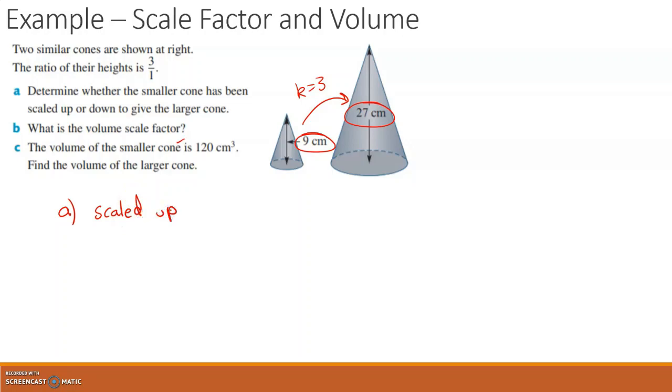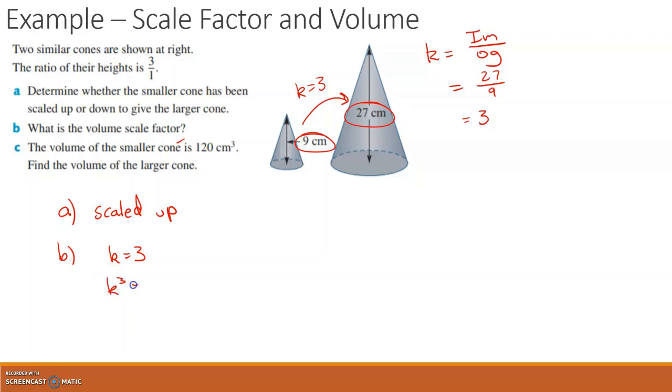Okay, now B says what is the volume scale factor? So we know that the linear scale factor is K equals 3. The working for that is just that K is equal to the image length over the object length, which in this case is 27/9, which is 3. So we know K is equal to 3. So what will K cubed be?